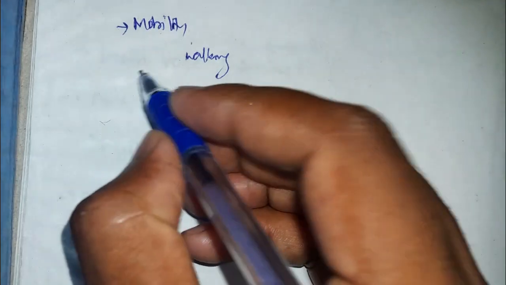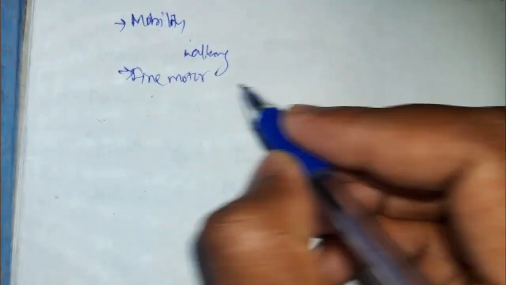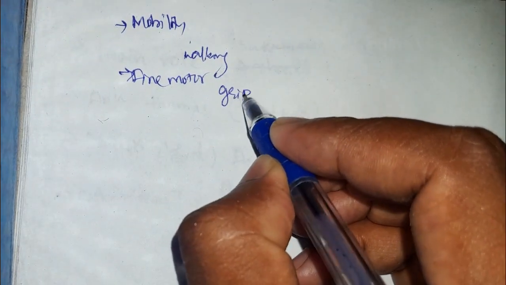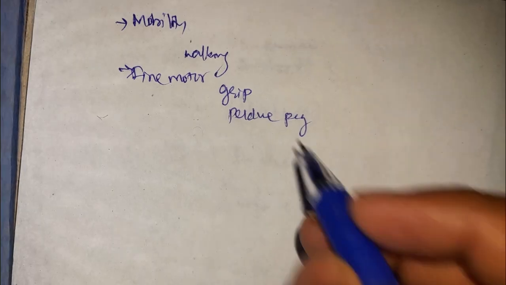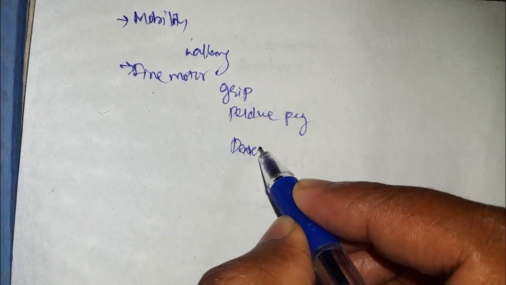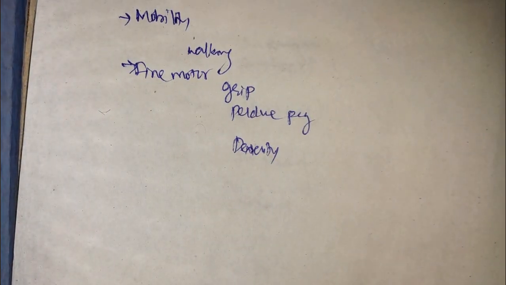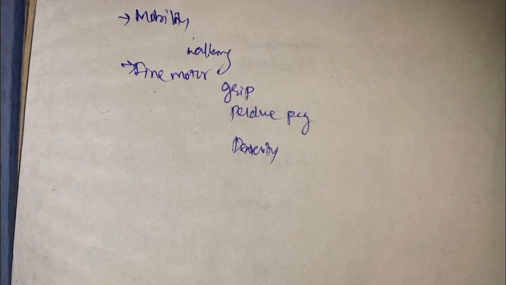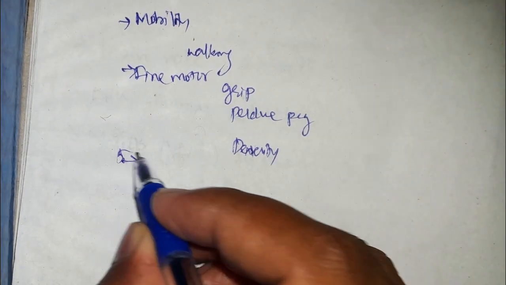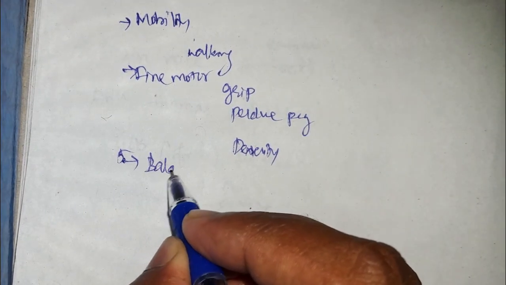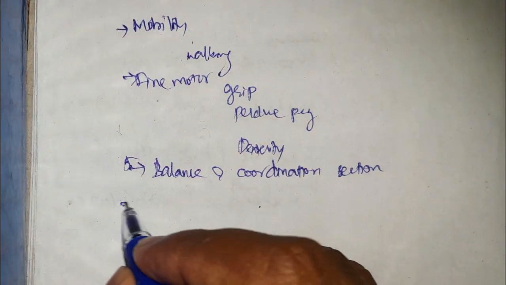Then the fourth section is the fine motor section. In this, grip strength, pegboard, and dexterity tests. We have many dexterity tests: the Purdue pegboard, Minnesota dexterity test, hand tool dexterity test. Then the fifth section is balance and coordination. Then the sixth is the endurance section.